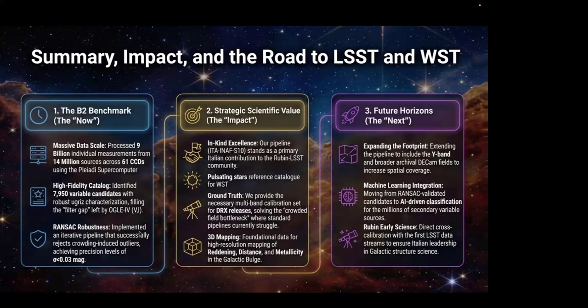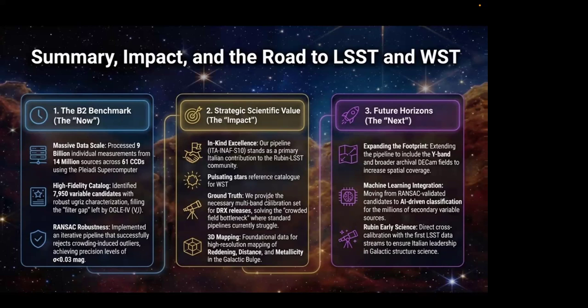At the end, we used Randstock as the polynomial fitting model, and we extracted a very important output, the R2 parameter. We found that we can detect the best variable candidates in any field using the R2 parameter without any machine learning or anything else. Also, our pipeline stands as a primary Italian contribution to the Rubin LSST community.